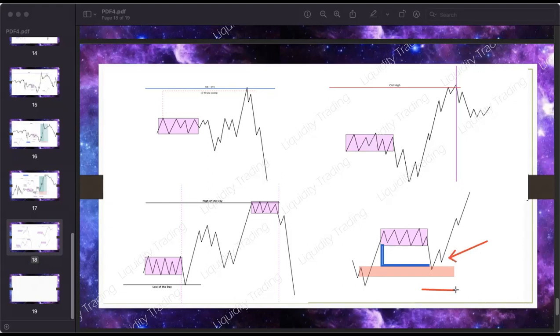So that would be 1 o'clock to 5 o'clock. And who knows what happens after that? Maybe you would see the market make a reversal in New York, 7 o'clock to 11 o'clock. But this particular setup would be a London-based entry.